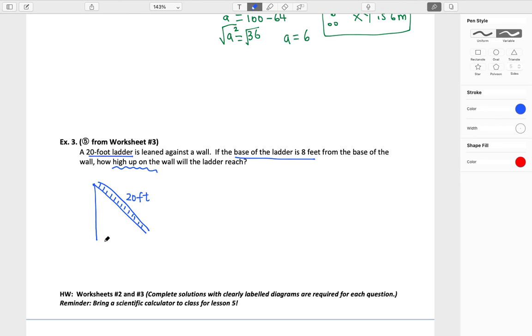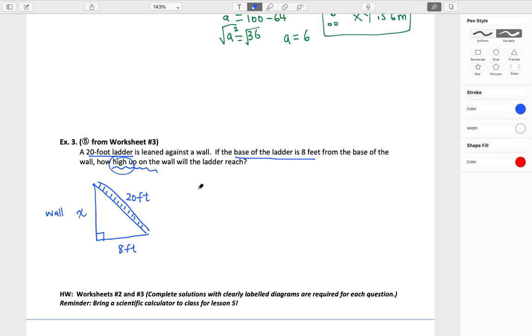And the base of the ladder, so from the base to the wall here, this is 8 feet. And they're saying how high? High up the wall means the height. So we know that this is a Pythagorean theorem because it makes a right angle triangle.